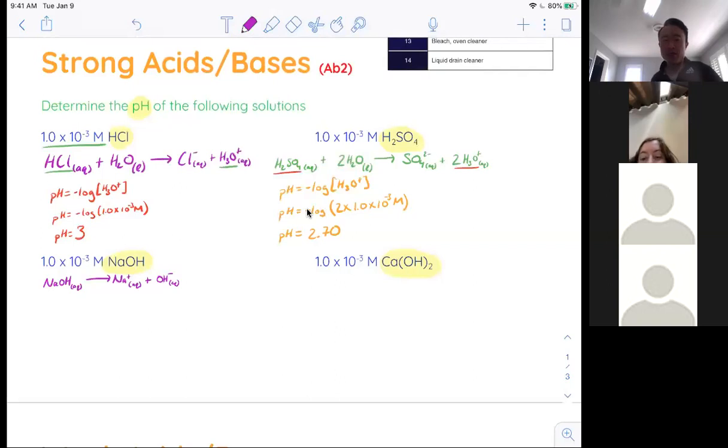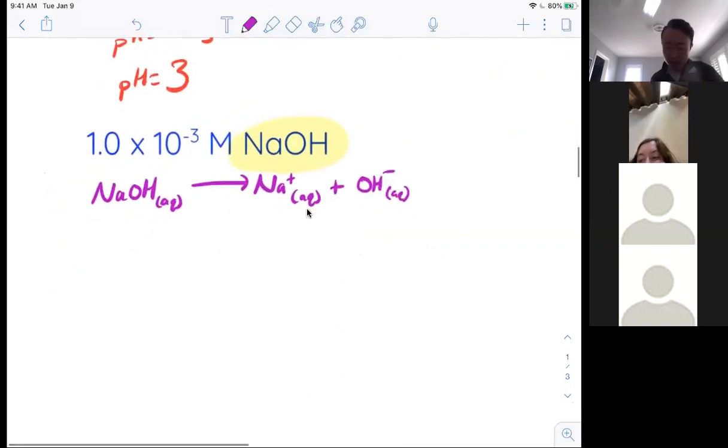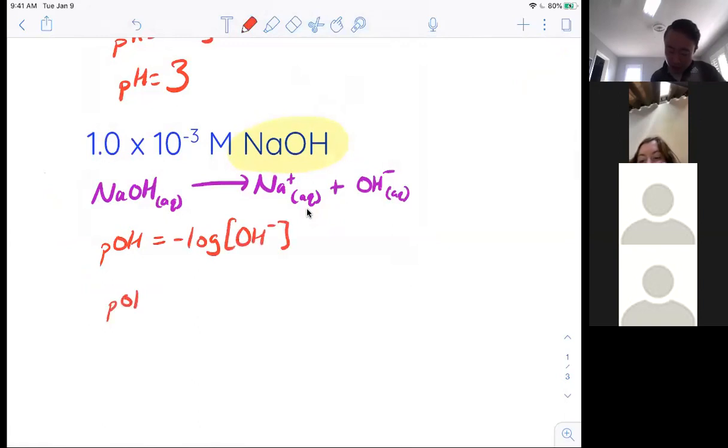Okay, so down here, the pOH is equal to the negative log of the concentration of the hydroxide ions. So pOH equals negative log of 1.0 times 10 to the negative third.